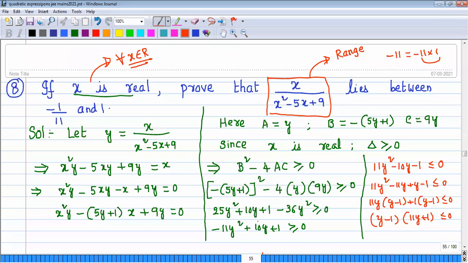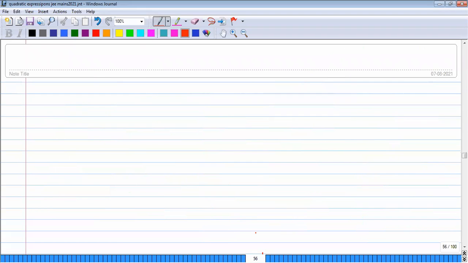So that means you take the number line now. Let us take a number line. This is positive infinity, this is negative infinity. First, this is minus 1 upon 11, and on the number line, this will be 1.